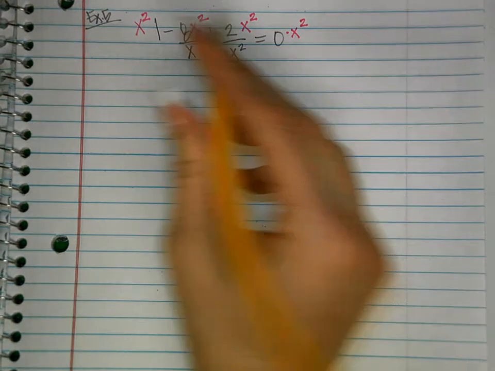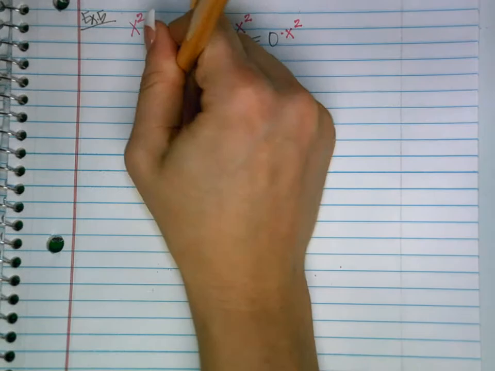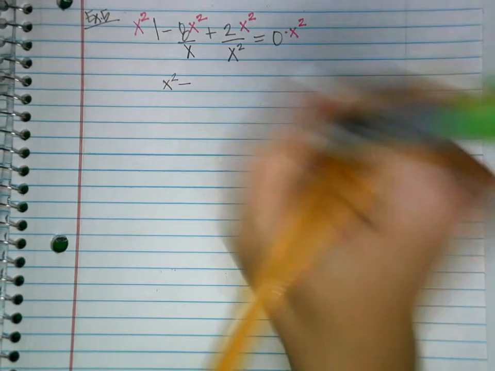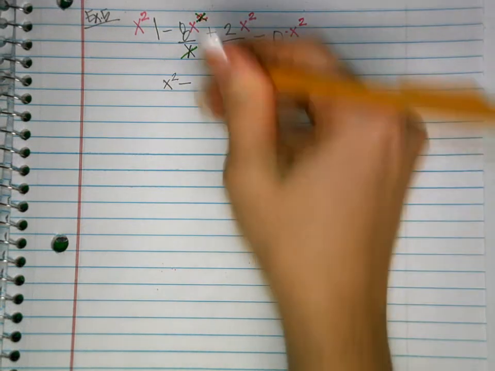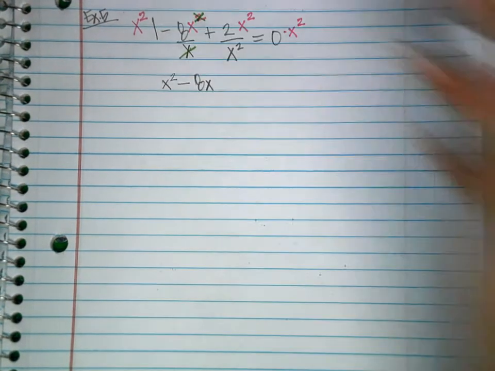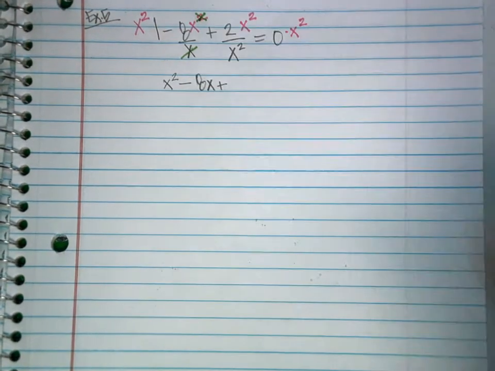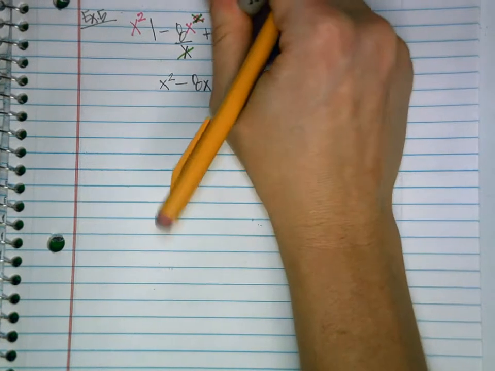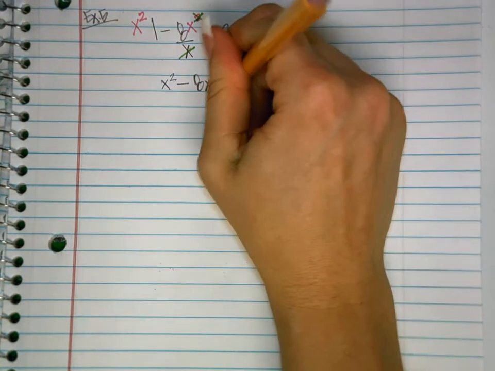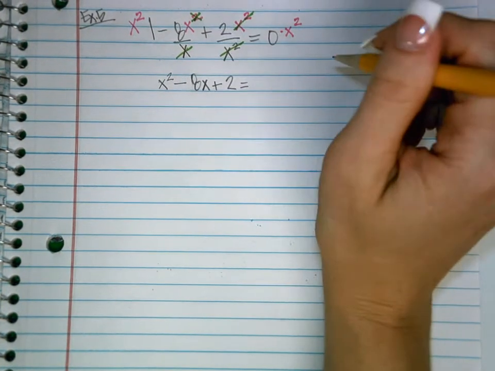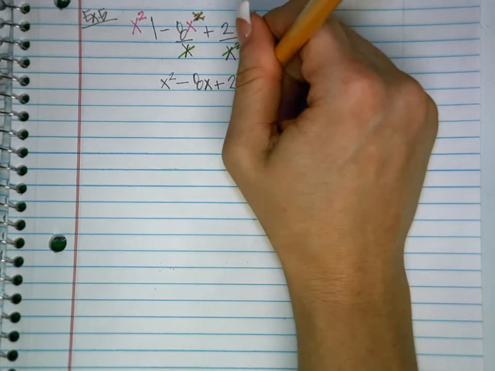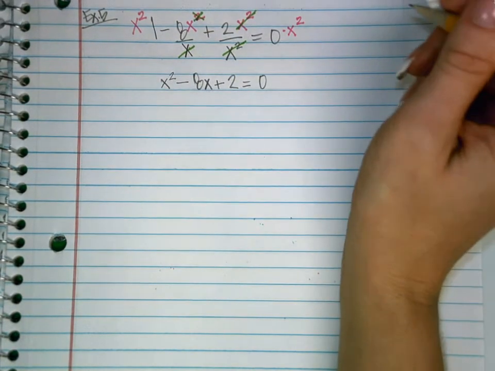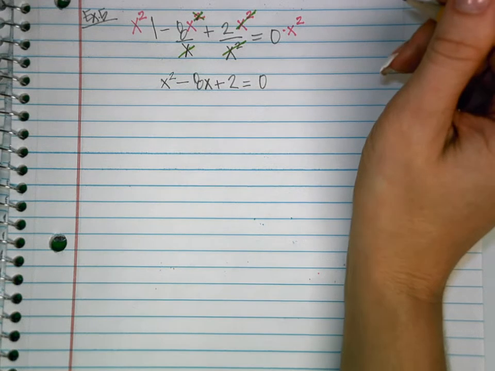So if you multiply through, we got x squared minus 8x plus 2, because the x squareds cancel. Equals, what is 0 times x squared? 0. It's still 0, not x squared. A lot of people somehow put x squared. It's 0.